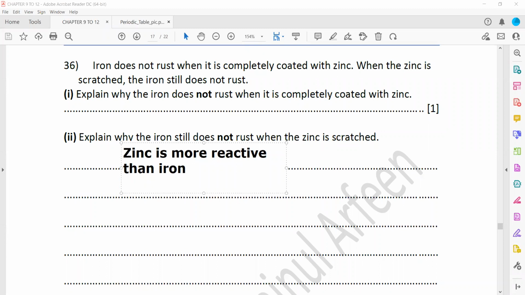The second mark: zinc loses electrons, or is oxidized, you can say, instead of iron.